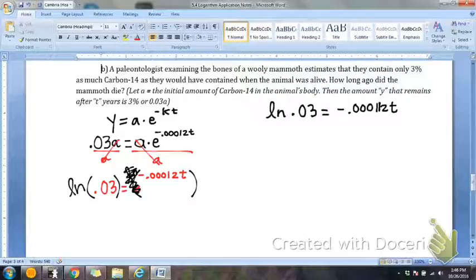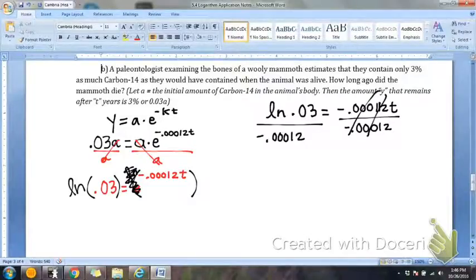By what? Okay, and we're going to take the negative with it. We're going to divide by negative 0.00012 on both sides. So take a minute and do natural log of 0.03 on your calculator.